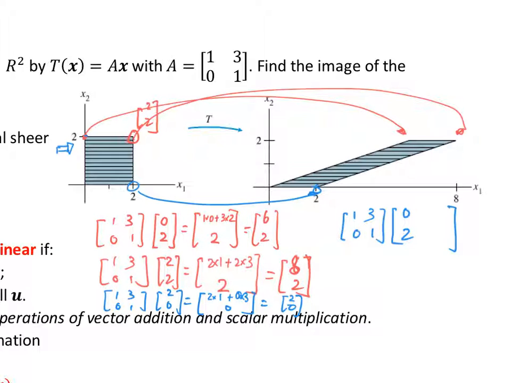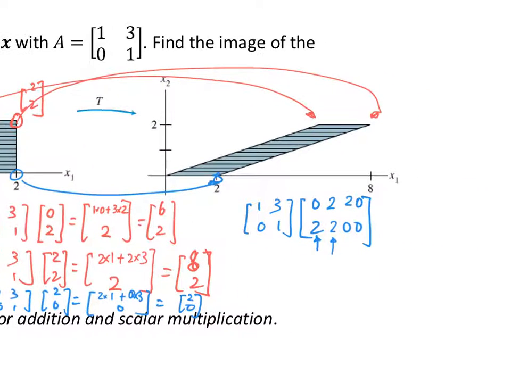So oftentimes we can organize these vectors into columns and form another matrix like what we did here, so that after you do this matrix operation, take a look at what we get. For the first column, you will get exactly the 6, 2, which is the image of this vector.